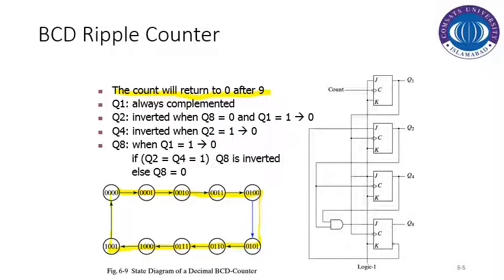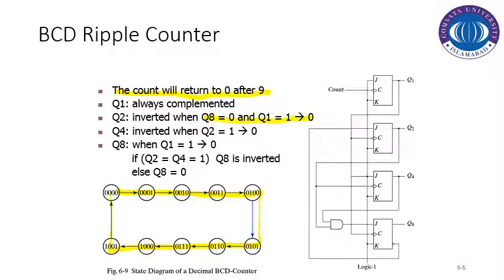So Q1 is always complemented here, and Q2 is inverted when Q8 equals 0 and Q1 is shifting from 1 to 0. Similarly for Q4, it is inverted when Q2 is having a transition from 1 to 0.